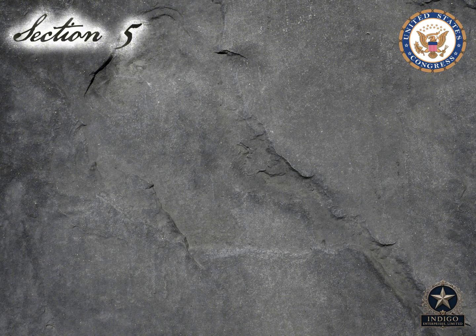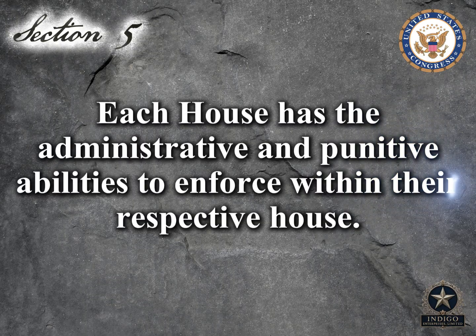So basically what the beginning of Section 5 is talking about is each house, the Senate and the House of Representatives, at the beginning of each session, will deliberate on the rules of their house, how they will handle discipline, what rules will be put in, and how they would be enforced. This would go as far as expelling a member.